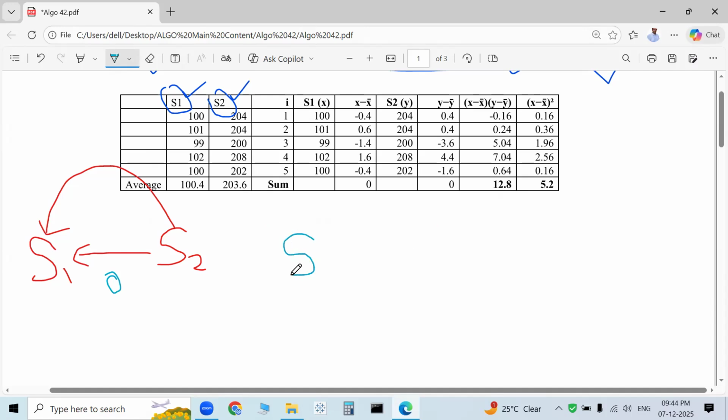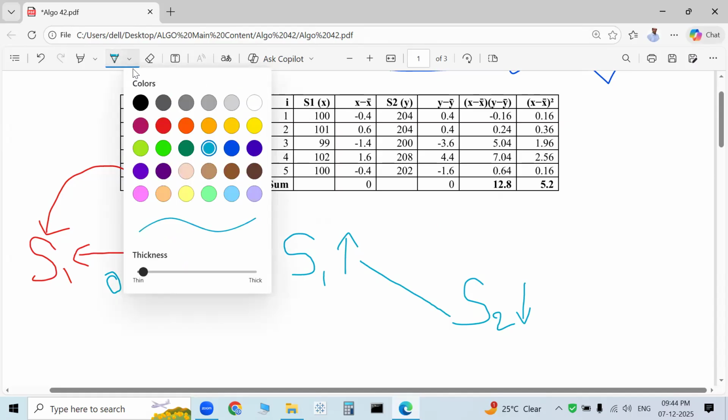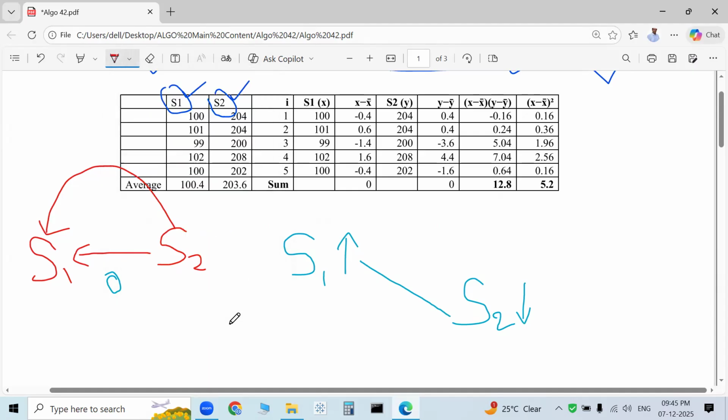Now what happens if S1 goes upside and S2 remains on the same level? That means there is a line between both of them, and this line has a slope. Now how does this work? If we get this kind of observation, this is called a spread, because there is a distance between both of them.